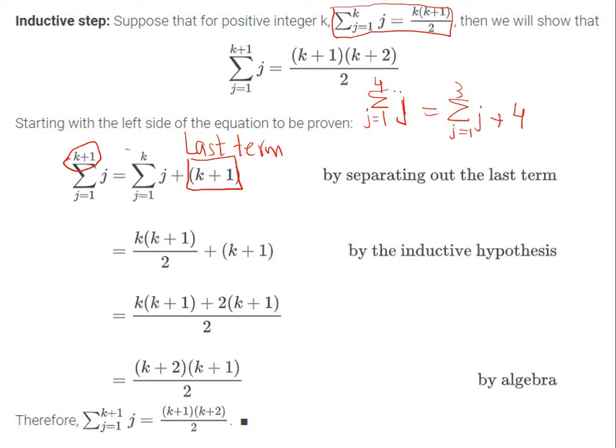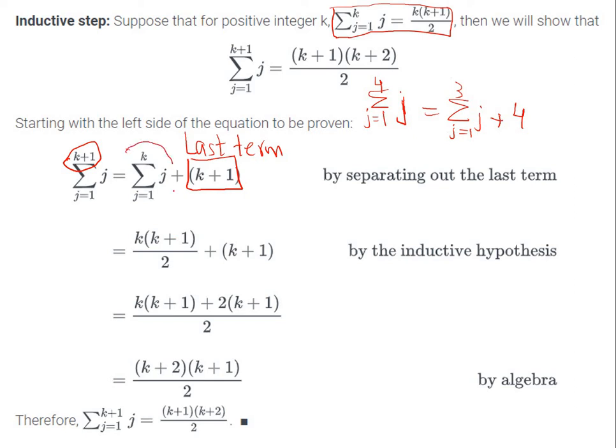So 4 is your last term, when j is equal to 4. You split it out, and the rest of the sum is just the sum reduced by 1, because you have removed the last term. This is what we're doing over here: getting rid of the last term so that we can use an equation.